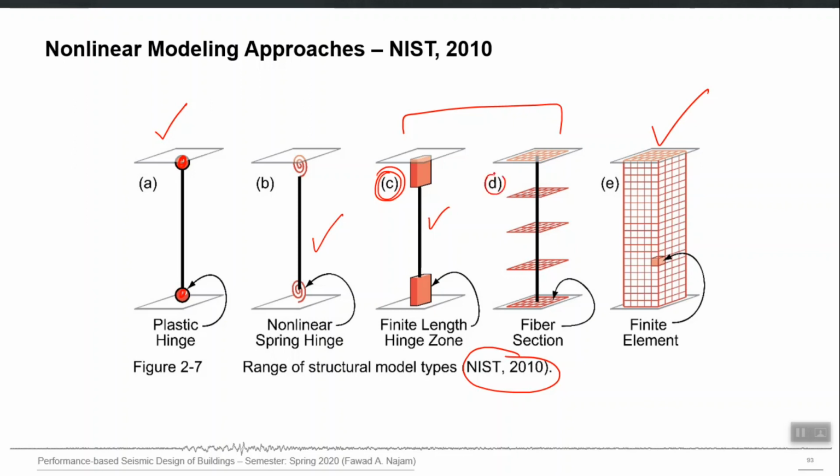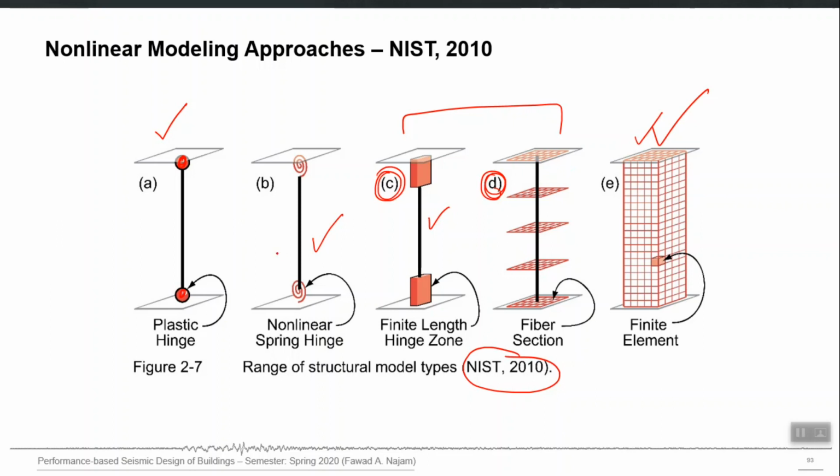But for D, it is a complete fiber section, which means along the whole length we have nonlinear action, but not in a detailed manner like E, but in a simplified manner using material stress strain behaviors, right?